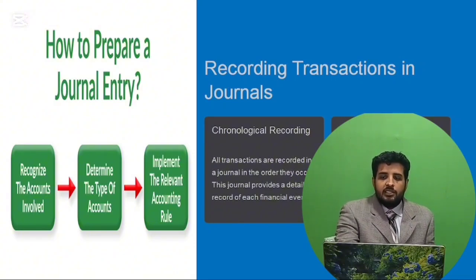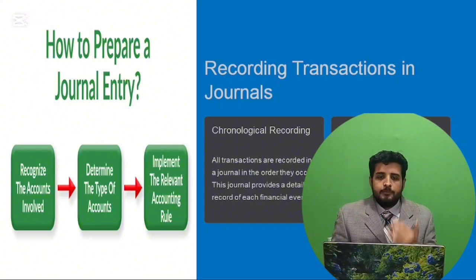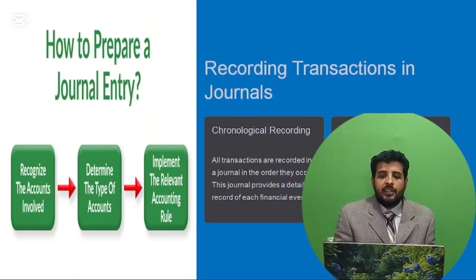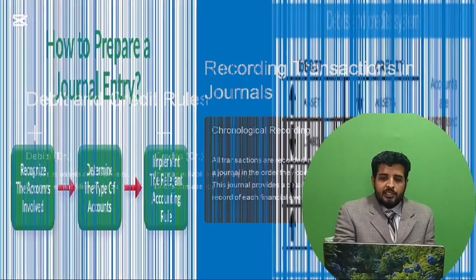And then there are special journals in which only the repetitive transactions that occur multiple times are recorded. So these were the two types of journals. So recording these transactions in journals means recording financial activities in a systematic way. And then we move on to the next slide.